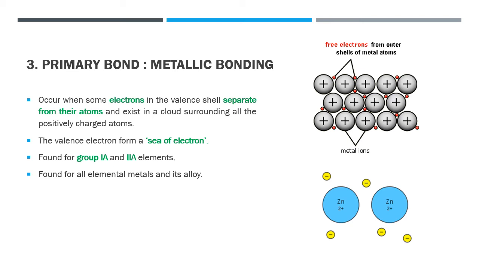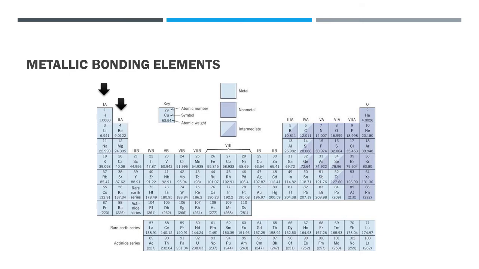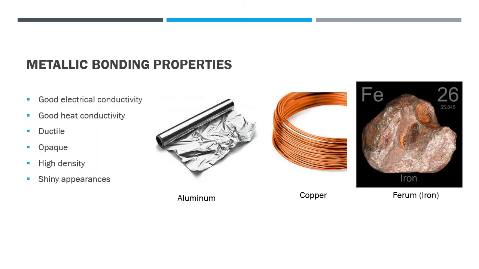They move freely. Okay, so this is where metallic bonding occurs. It occurs in all metals, and also group 1A and group 2A in the periodic table.